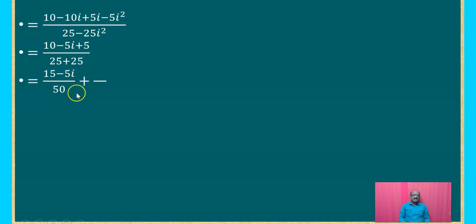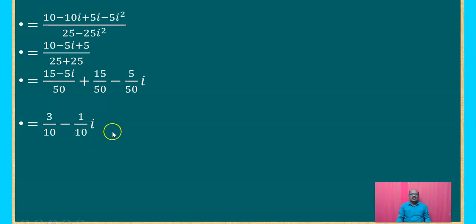That is (15 − 5i)/50, which is 15/50 − 5/50 i, and their simplification. That is 3/10 − 1/10 i.